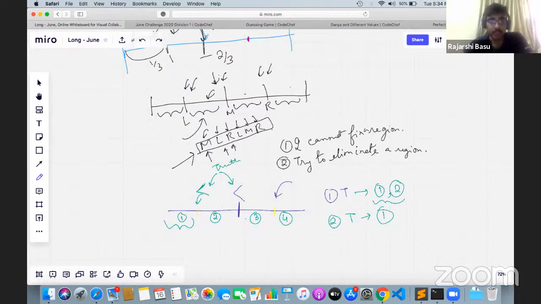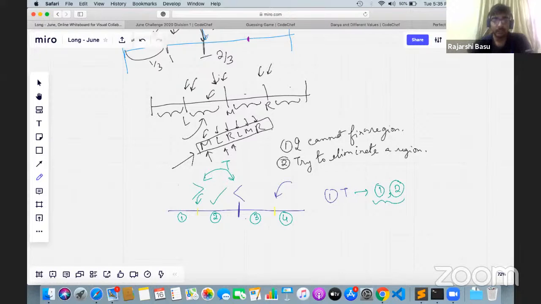Now, in the opposite case, what if the grader returned this symbol? Again, you know that one of them must be true. So if this is true, then 2 is definitely not possible.